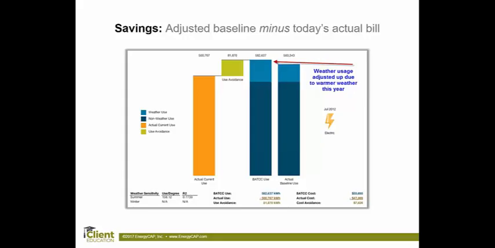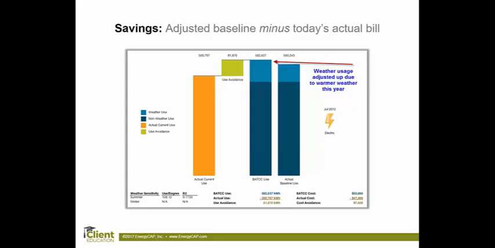That's the actual baseline. But we never compare the actual current with the actual baseline because some things changed, and we want to compare apples to apples, so we have to make the baseline look like today. How do we make it look like today? Well, we have to take today's weather and put it into the baseline and say, what would we have spent in the baseline had we continued our wasteful ways, but we were subject to today's weather?